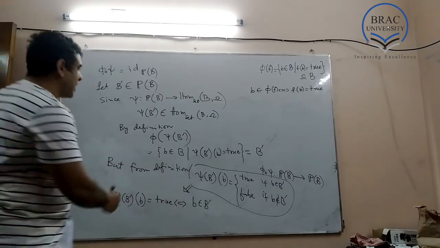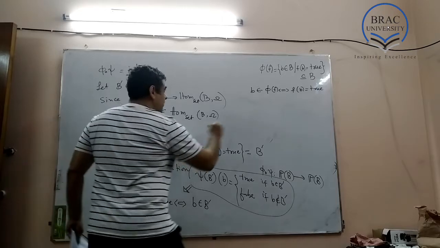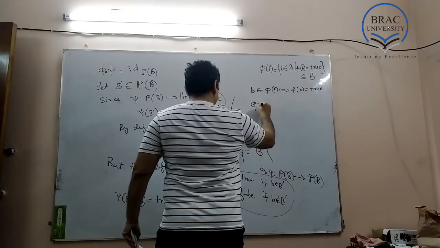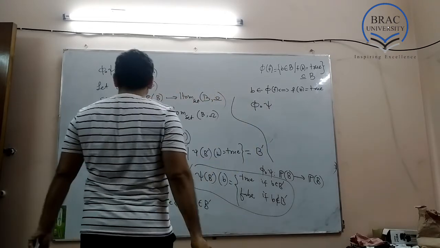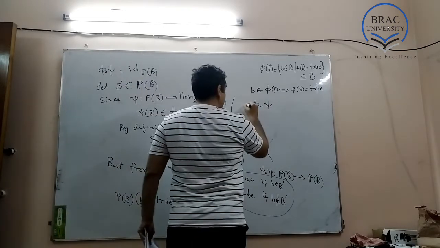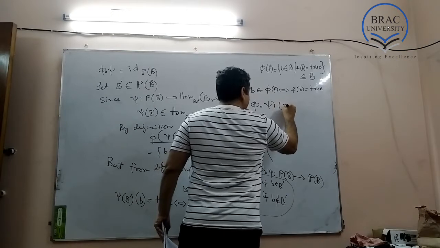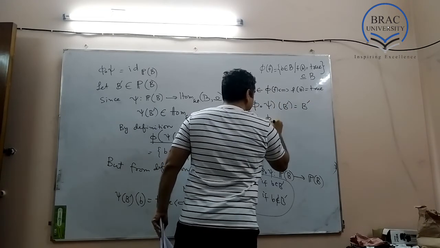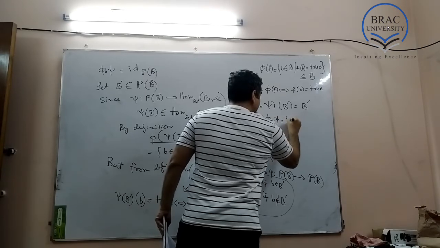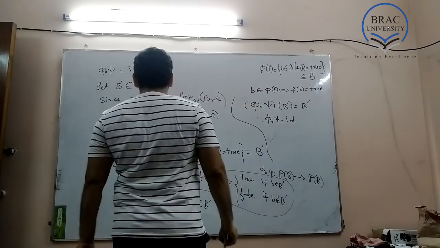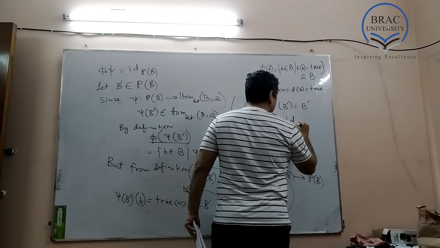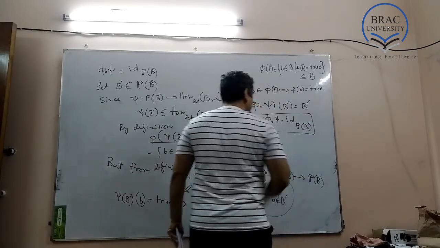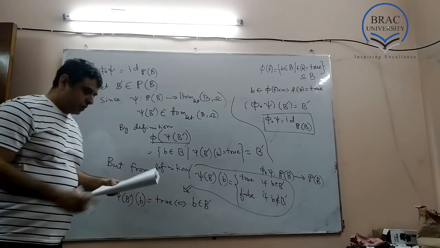So it means that we thus have phi composed with psi acting on B prime is equal to B prime. Establishing the fact that phi composed with psi is indeed the identity map on the power set of B. Okay. This completes the proof.